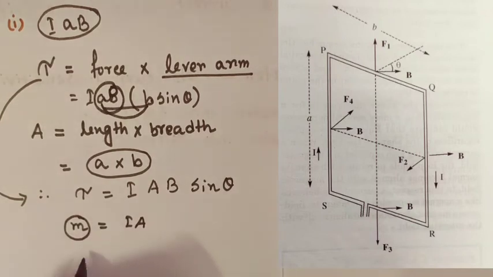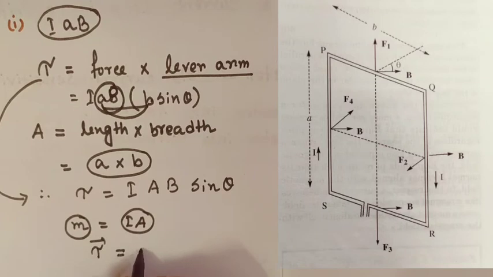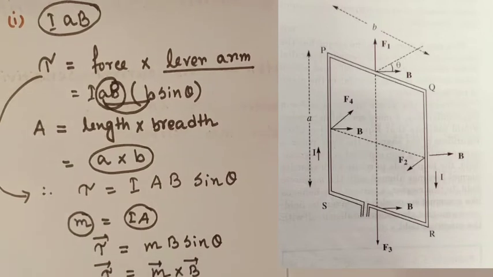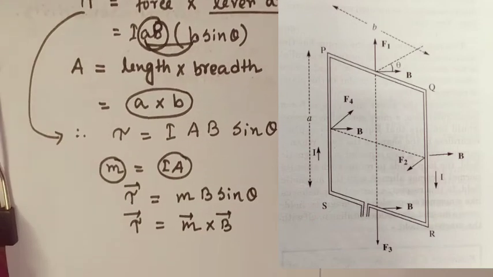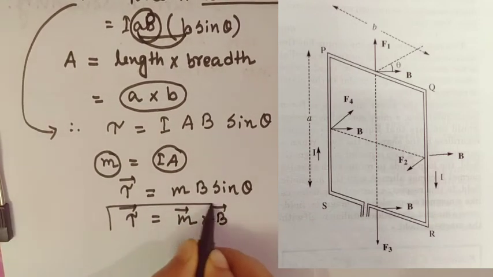So if we represent this equation vectorially, we can write tau is equal to I A, that is m, times B sin theta. So m B sin theta means m cross B. So tau is equal to m cross B.